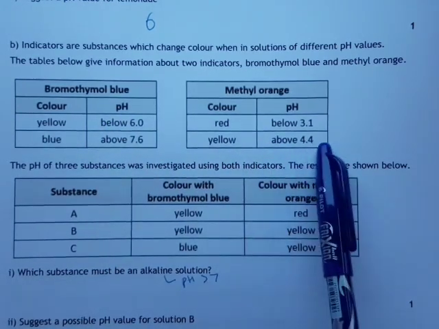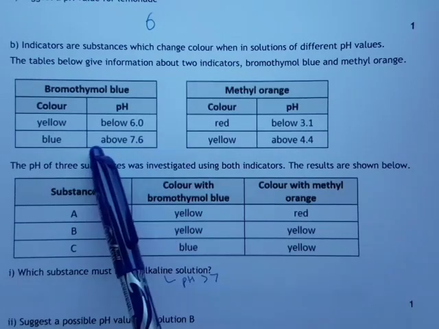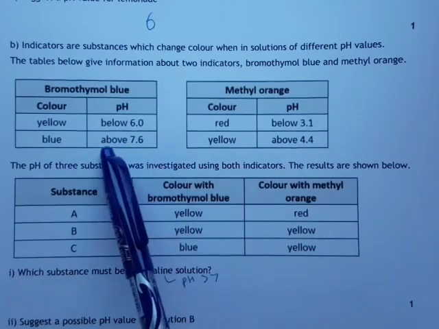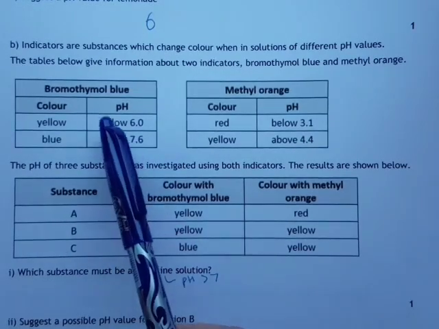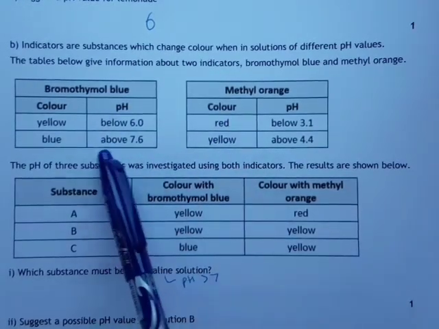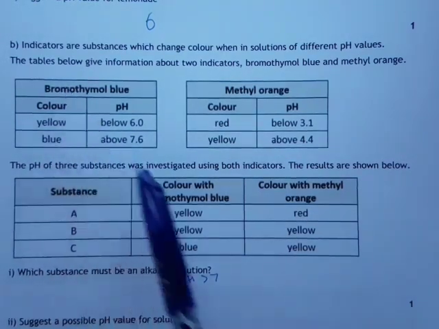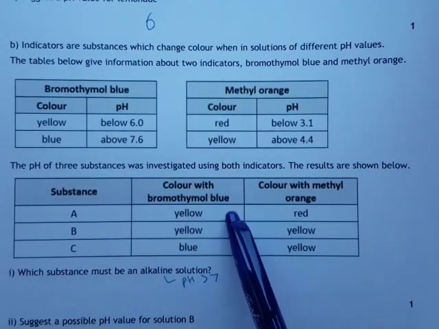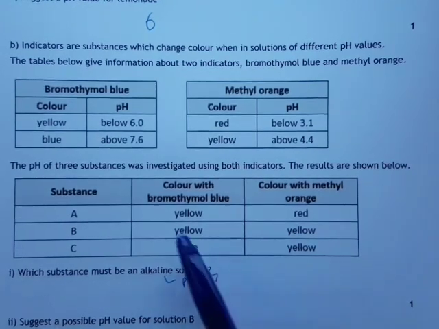Above 4.4 could still be an acid because the pH could still be between 4.4 and 7. So really, if it is definitely an alkali, it must have a pH above 7.6. That's the only one of these colours that will tell us it's definitely an alkali. So we're looking for something that's blue with bromothymol blue. C is the only one that is blue with bromothymol blue, which means it must be an alkali.